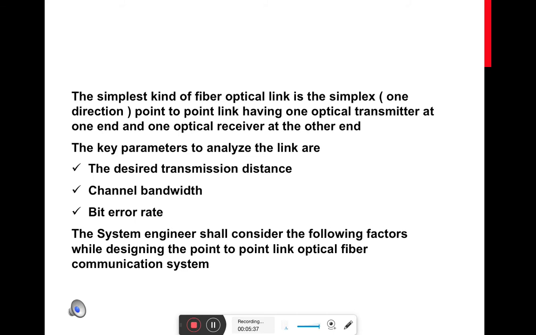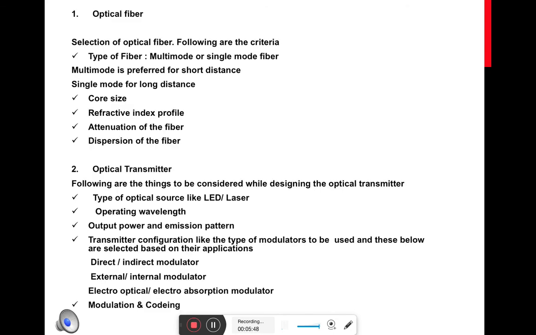So the next topic of discussion is what are the factors the system engineers should consider while designing a point-to-point link communication system. When a system engineer is designing a point-to-point link communication system, the three factors that he must consider are: what type of optical fiber he should choose, what type of optical transmitter, or what are the different things that require an optical transmitter that he has to design, and which type of optical receiver and the parts associated with it he should be choosing.